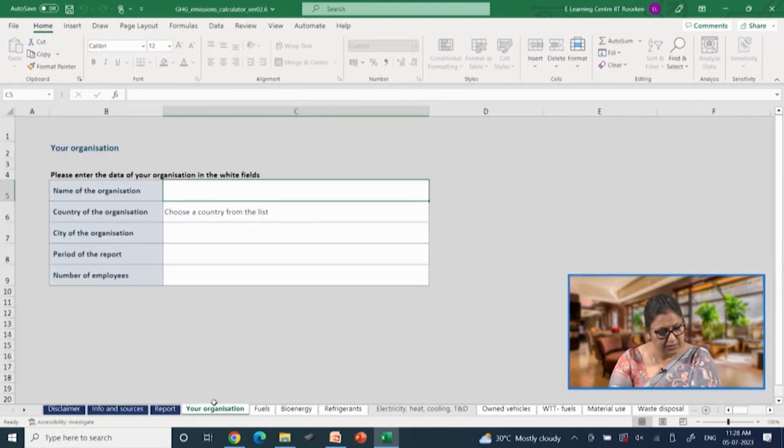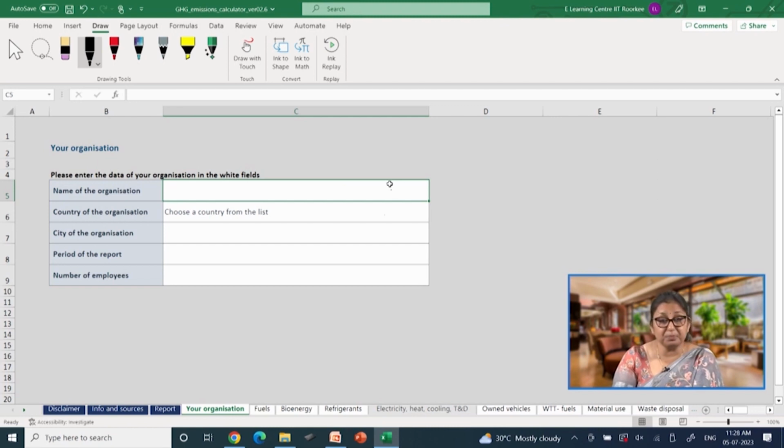Now, here we start with putting the details related to your organization, and a very interesting thing that you will find here: the moment we choose the country from this list, and I say India, we have country specific emission factors, and automatically in the rest of the sheets, it takes the emission factors from selecting the particular country.